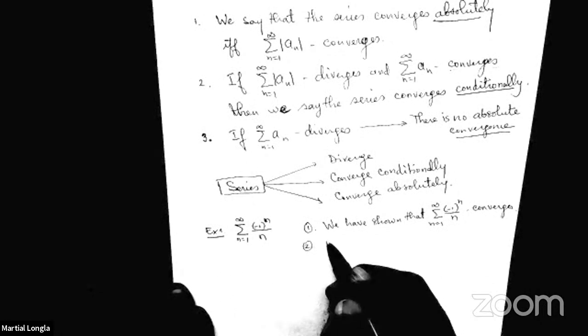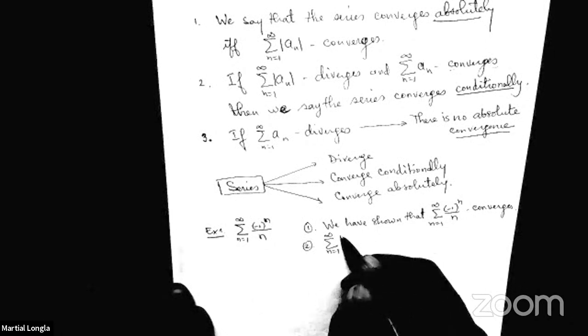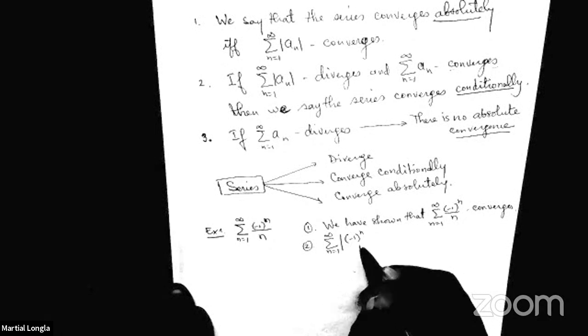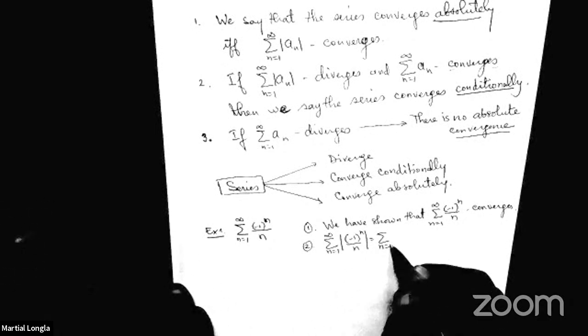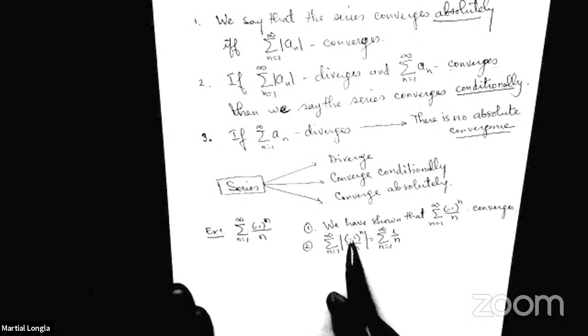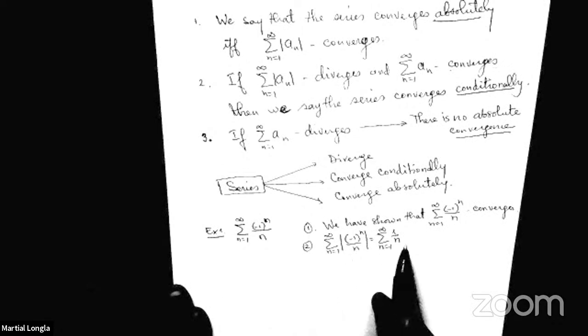Now, second, we know it converges. Does it converge absolutely? So you take the sum n from 1 to infinity of the absolute value of (-1)^n over n. This is the sum n from 1 to infinity of 1 over n, because the absolute value of (-1)^n is 1. So that's 1 over n.